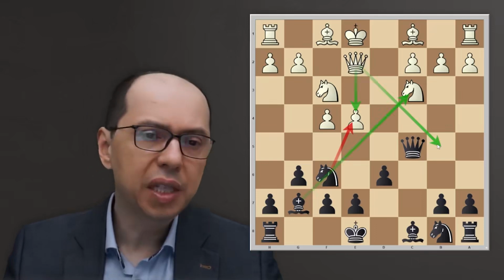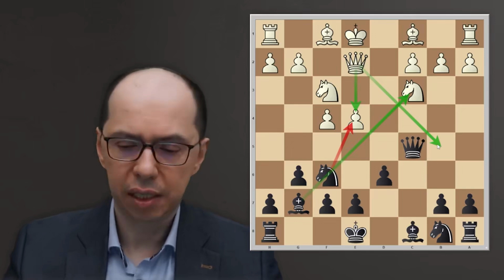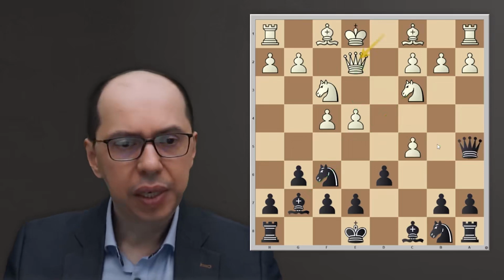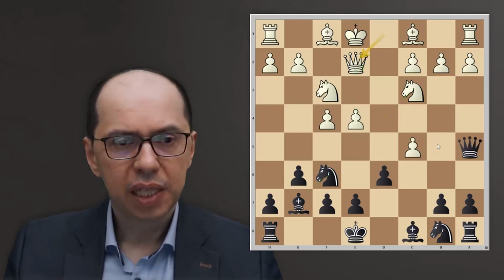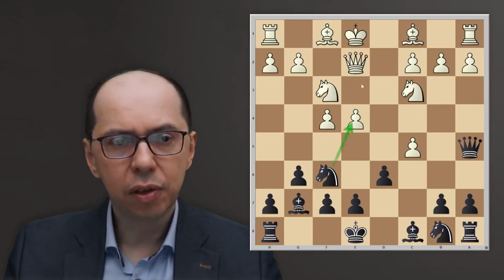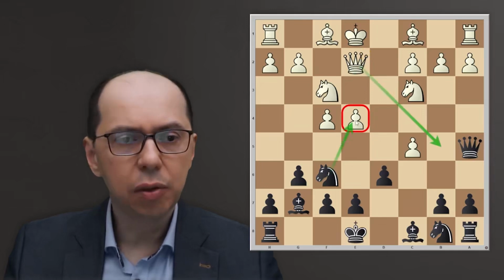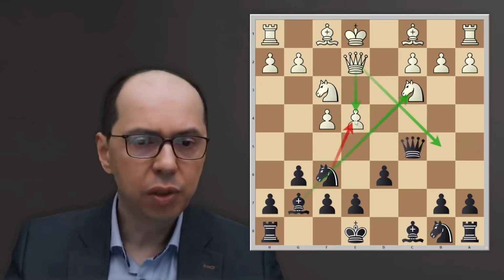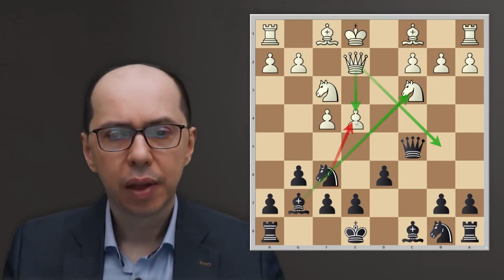So just be careful. Queen takes c5 is necessary, not knight takes e4. Maybe here it's more easily visible. So knight takes e4, queen b5 check actually loses this knight on e4, which is not a good thing. Yeah. So we do need to take on c5.